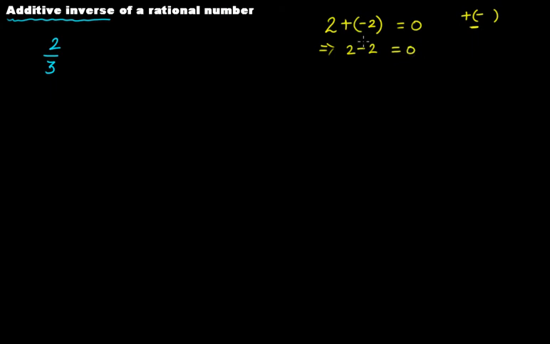Similarly, let's say your integer is minus 2. What should I add to this number such that that comes 0? Clearly this is minus 2. If we add 2 here, then this comes as 0.